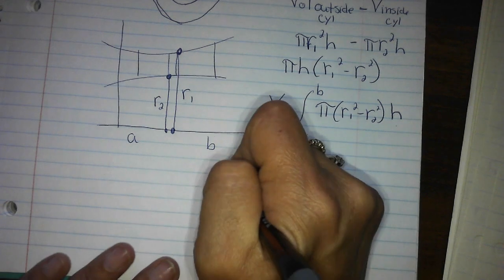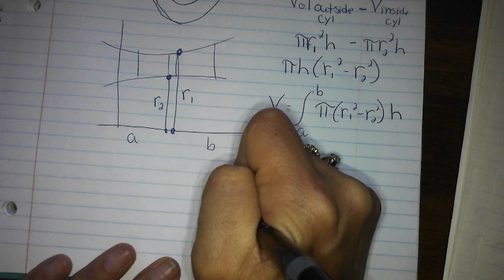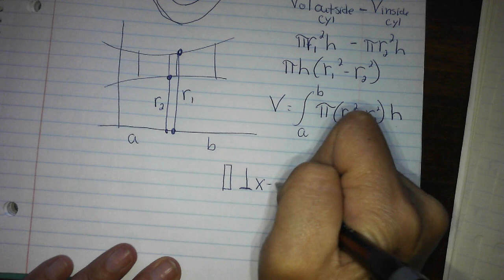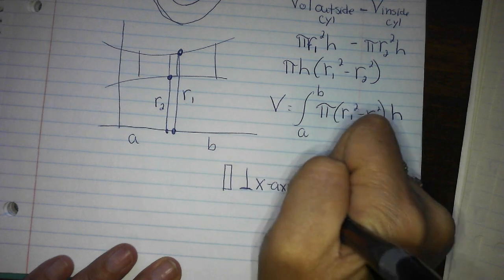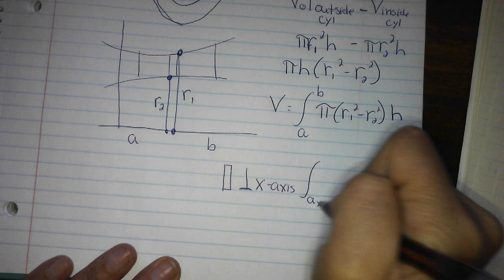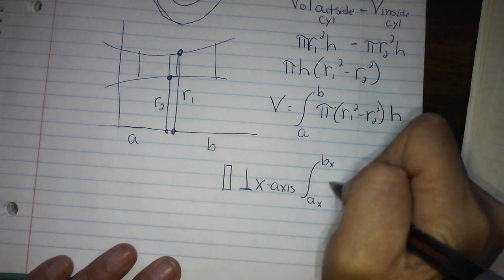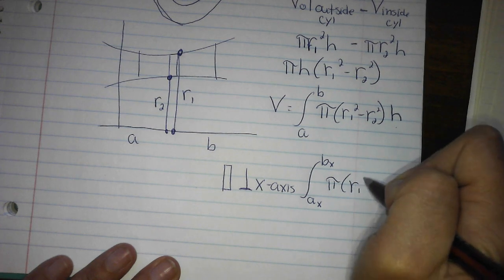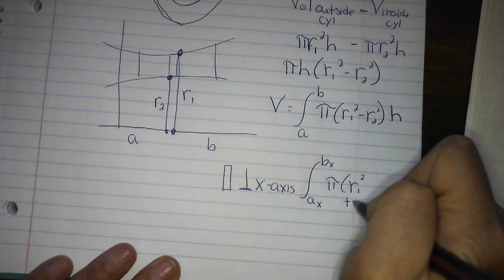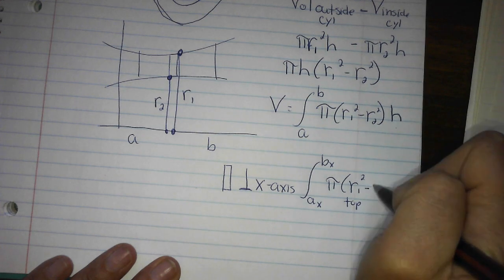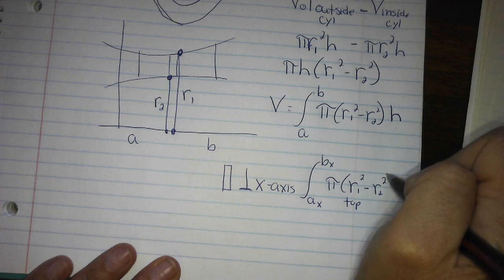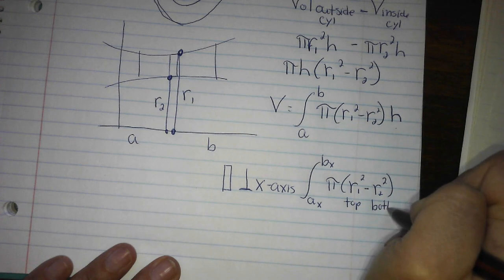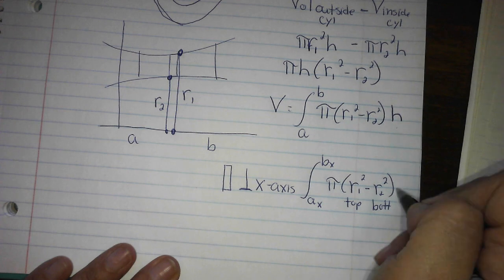So with a vertical rectangle perpendicular to the x-axis, your A is an x value, your B is an x value, your equation is in terms of x's, so your R1 will be the top equation, your R2, which we have to square, will be the bottom equation. So it's still top minus bottom, but they're both squared first. And then the h will be a dx.